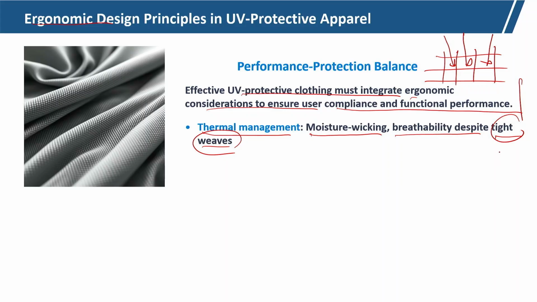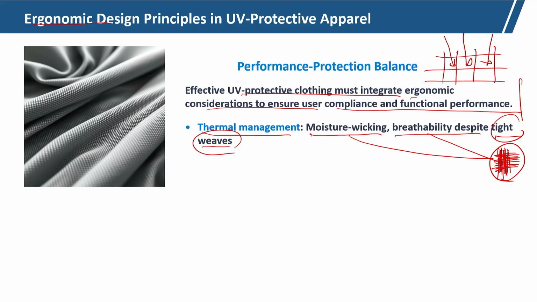For that we need a very tight woven fabric, so that it blocks the UV ray. But at the same time, if we block the UV ray by making the fabric tight, it should not affect the moisture wicking and breathability.